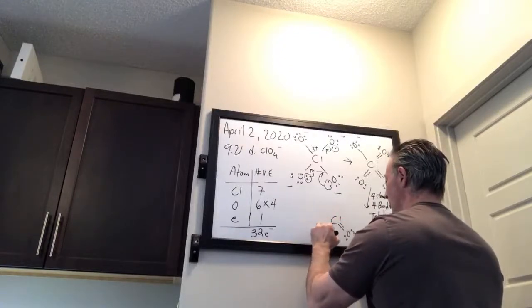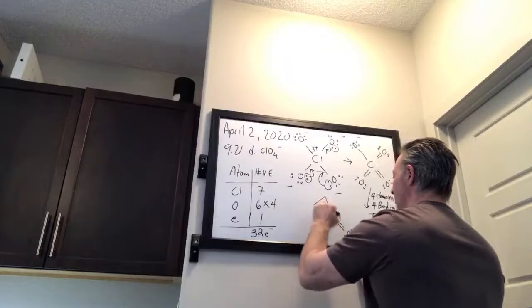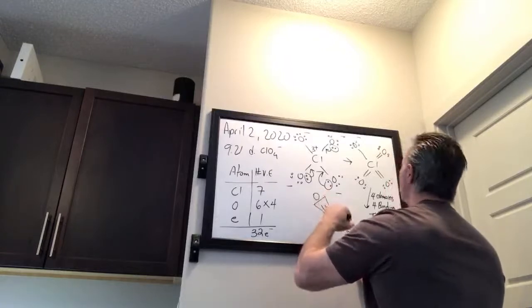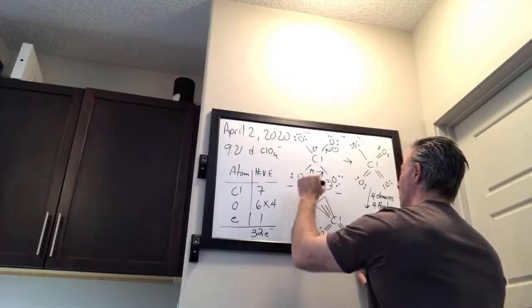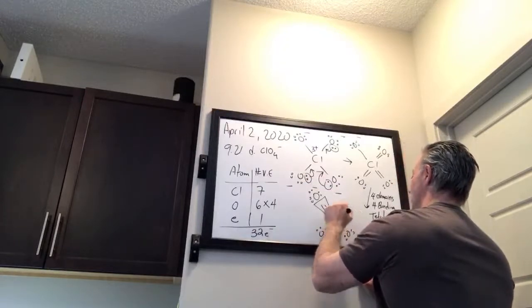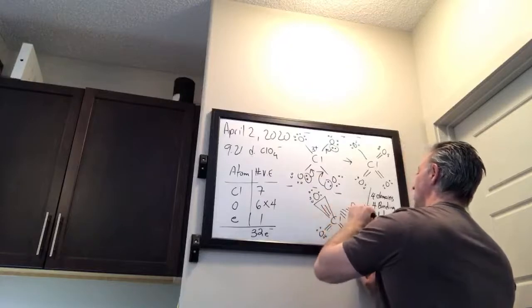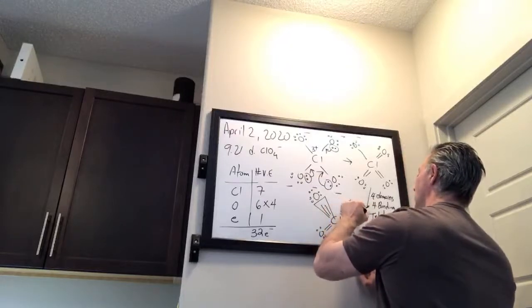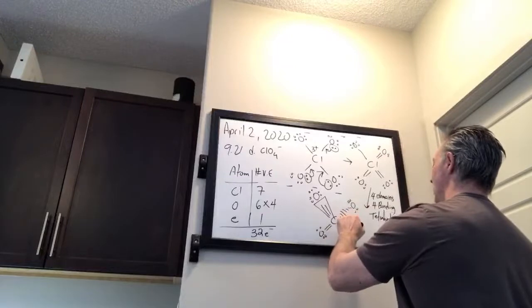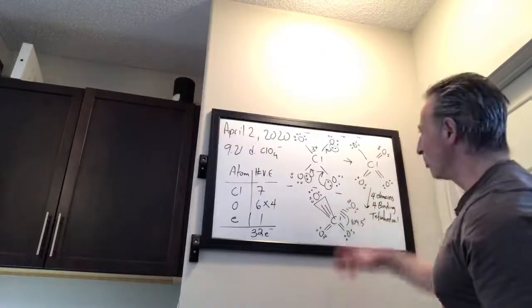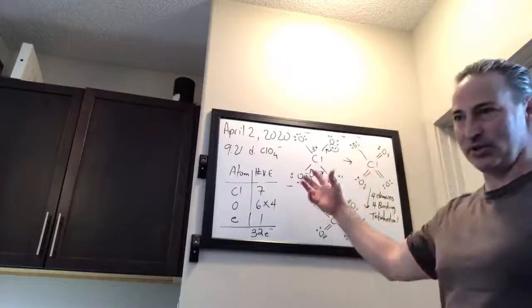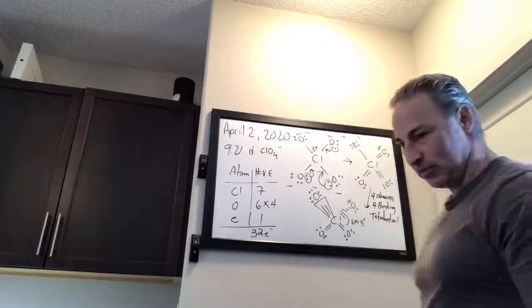Draw 2 in the plane of the board, 1 coming out at you, let's make it the one with the charge on it. And then 1 going behind the plane of the blackboard. All right, and those bond angles are going to be 109.5 degrees. And obviously it's a polar molecule because it has a formal charge, and perchlorate is quite soluble in water.